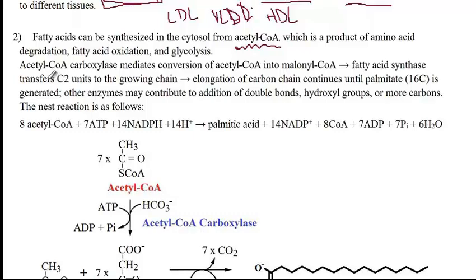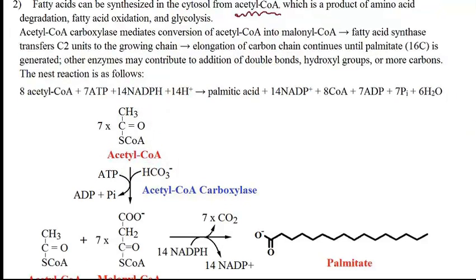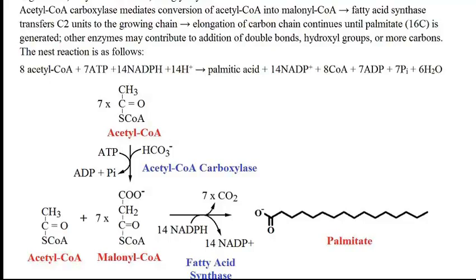Alright, so now the first reaction is the acetyl coenzyme A carboxylase mediating the conversion of the acetyl coenzyme A molecule into malonyl coenzyme A, which is a 3-carbon molecule. So here you can see the reaction. Acetyl coenzyme A, by addition of an HCO3, is now converted into malonyl coenzyme A.